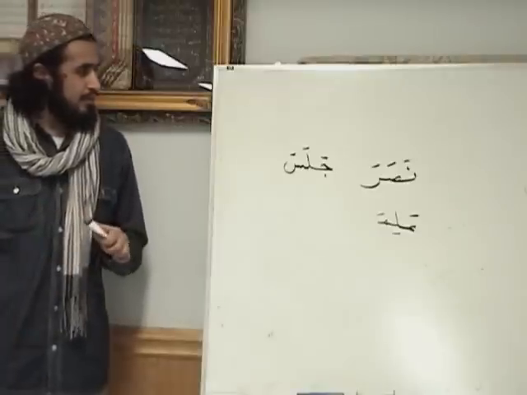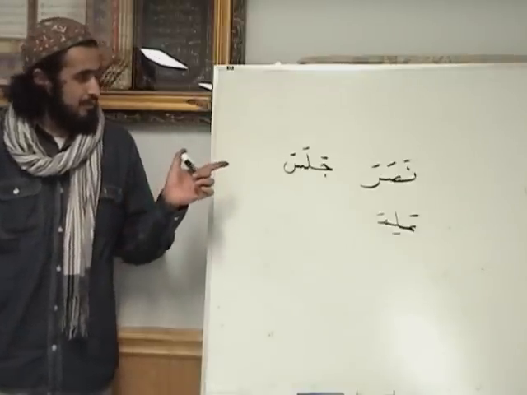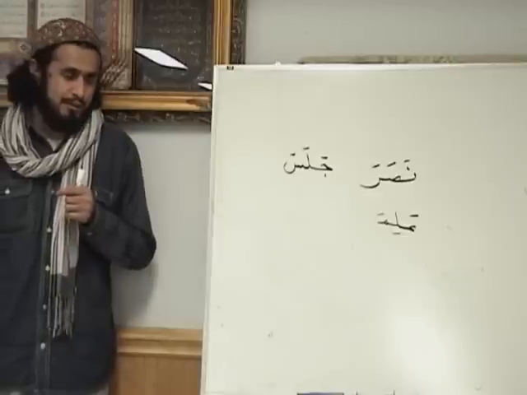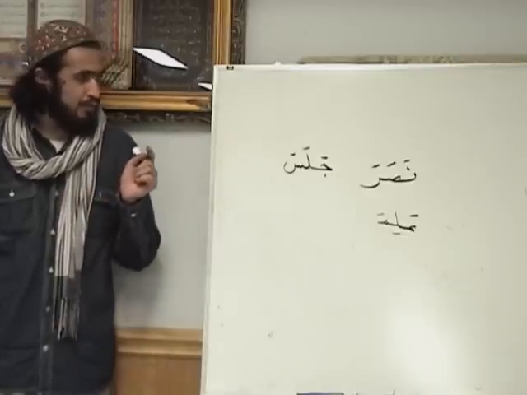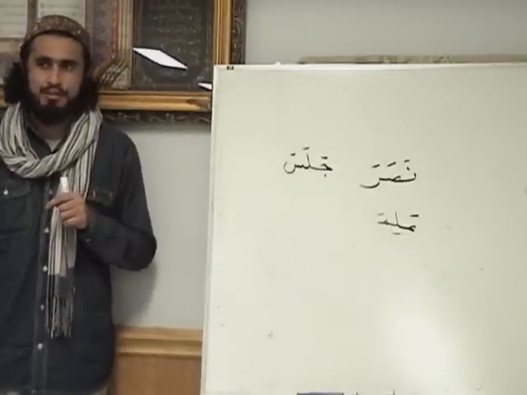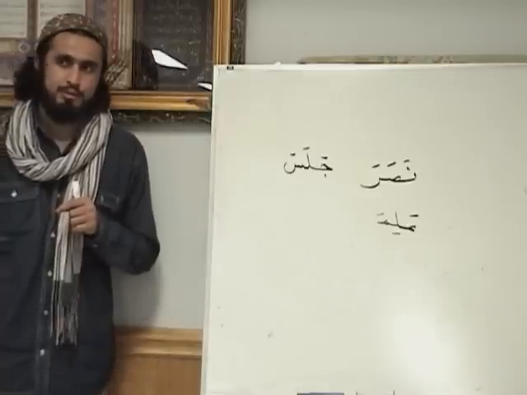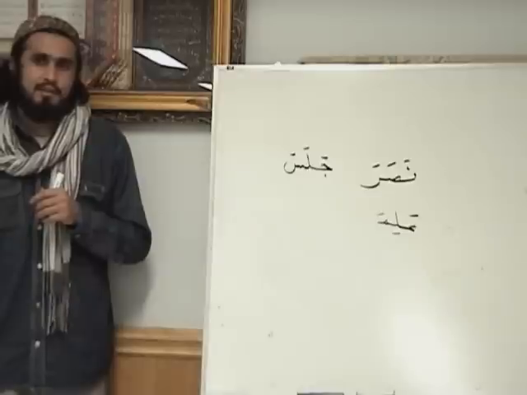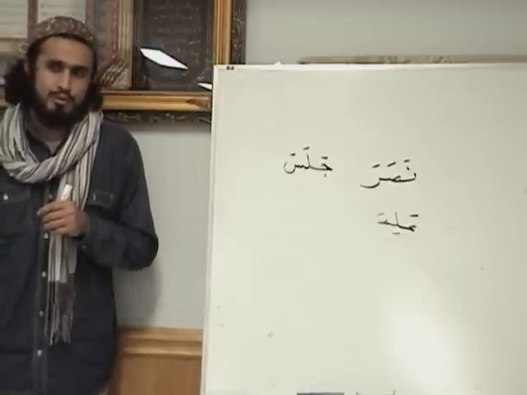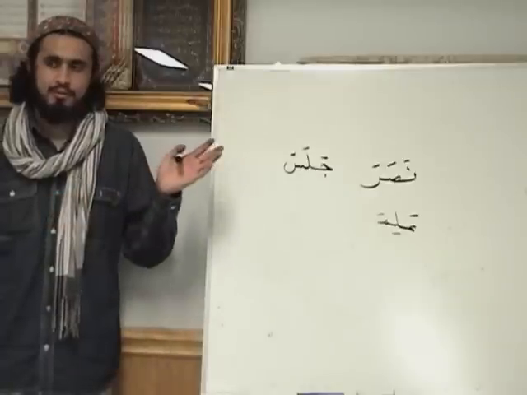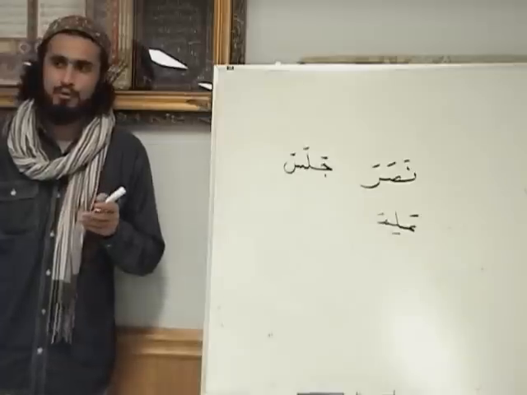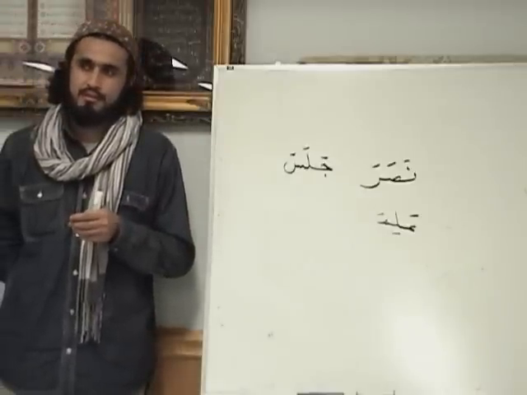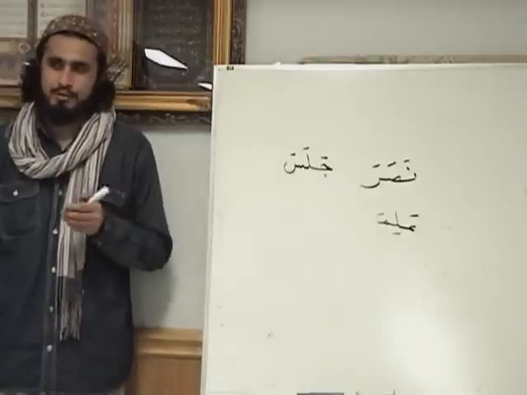Okay. So when they give you a sample of fi'l, a verb in Arabic, they give it to you in the form of 3rd person singular. So when someone asks, give me an example of past tense of a word which means to help, they will give you nasara, even though there are other forms also, right? Nasara, he helped.